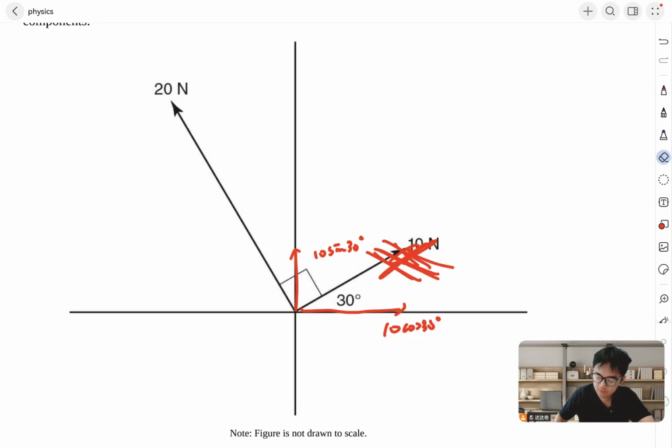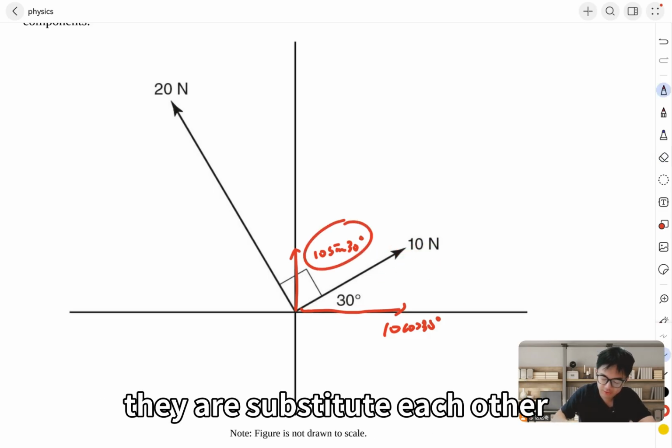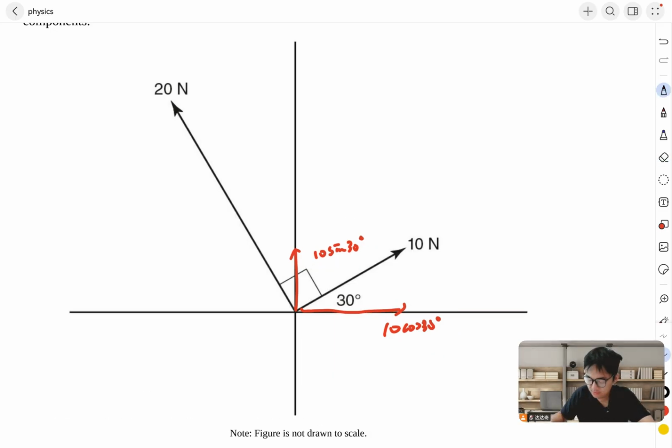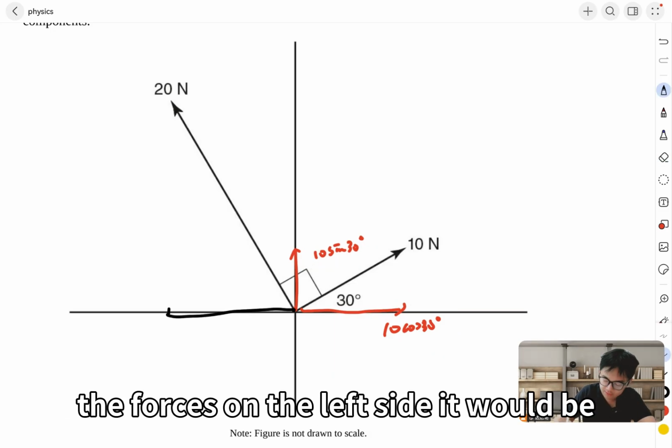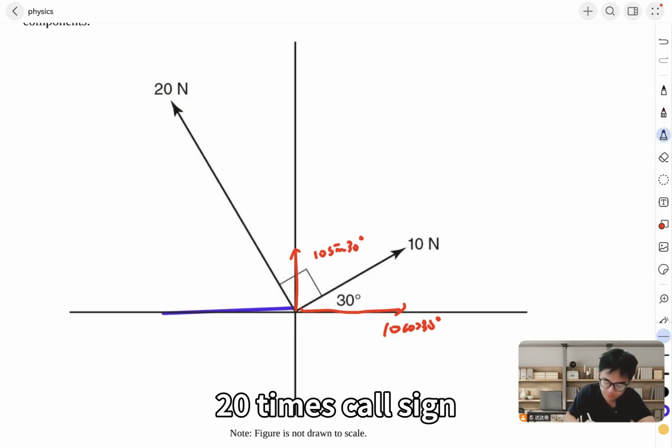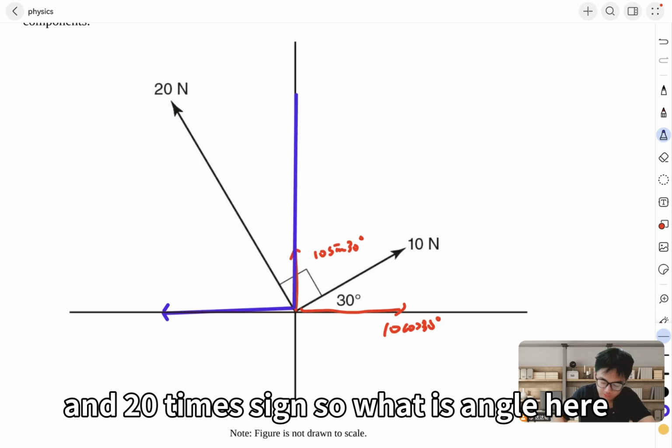Then decompose the force on the left side: 20 times cosine and 20 times sine.